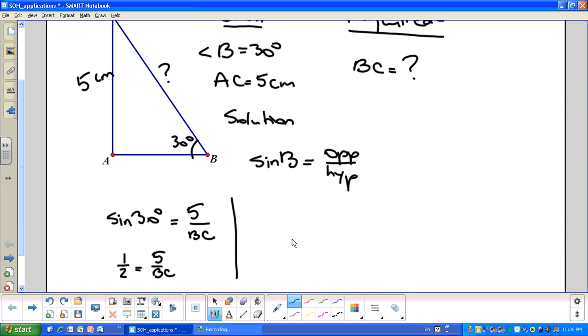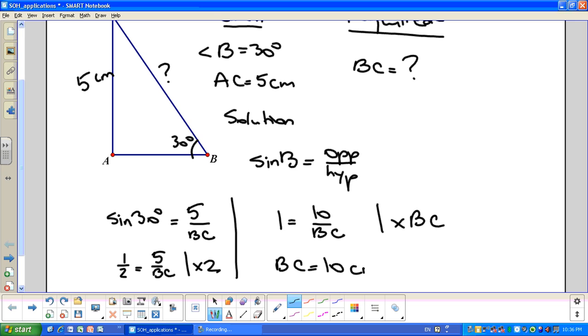Let's see what I can do. I can divide both sides by 2. So that will be 1 equals 10 over BC. Now I can multiply both sides by BC, and I get BC equals 10 centimeters.